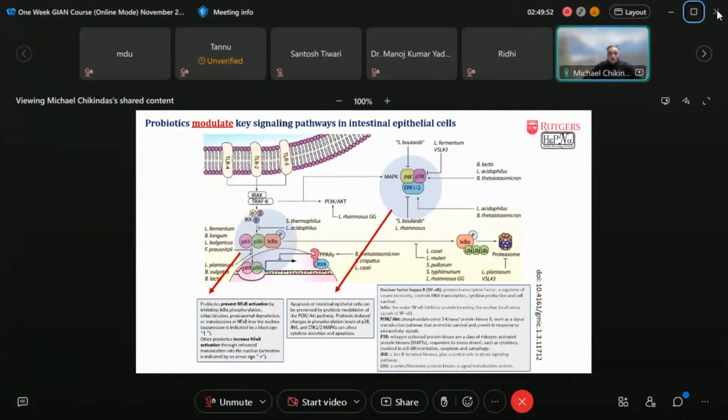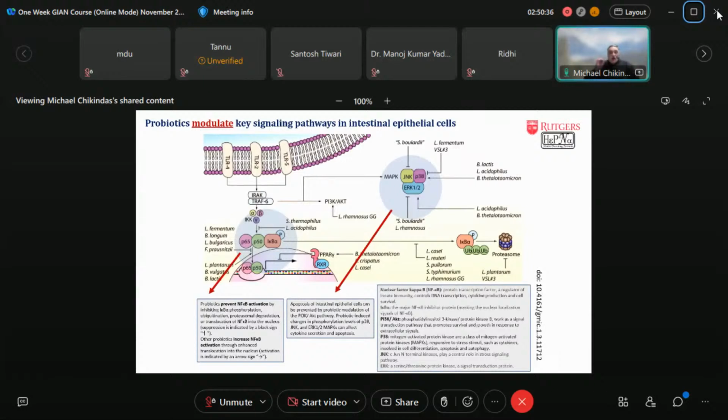What they can do is modulate the PI3K/AKT pathway, and basically it comes with changes in phosphorylation levels of P38. Again, we have the activity of Lactobacillus fermentum and the VSL#3 multimicrobial formulation. The cytokine secretion can be influenced, and at the end of the day, we see the influence on the development of apoptosis.